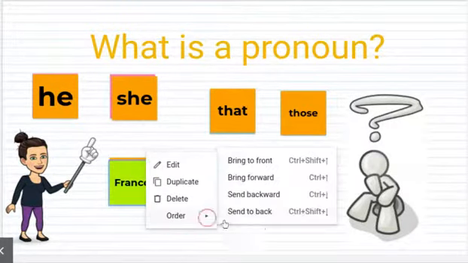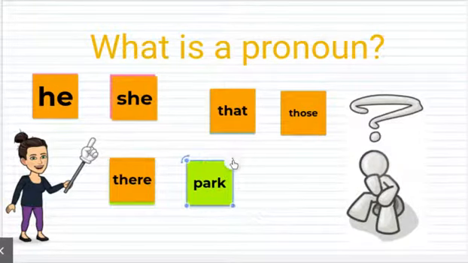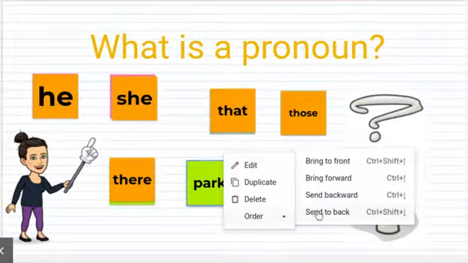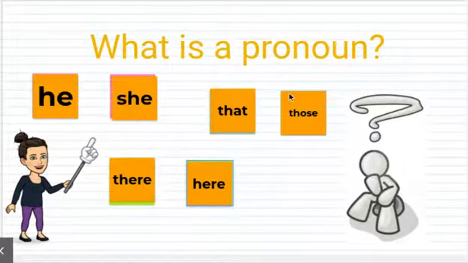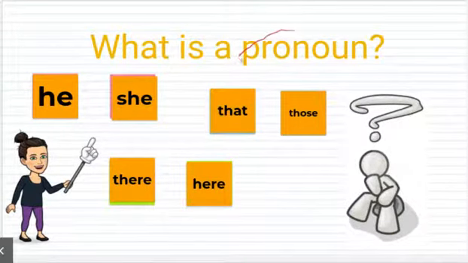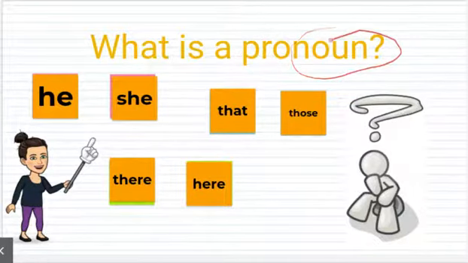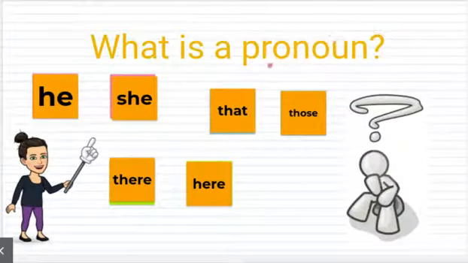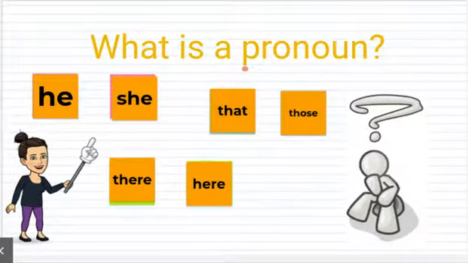France could become there, and the park could become here. A pronoun is any word that replaces a noun. So any person, place, or thing that's replaced by a word like it, that, or those is a pronoun.